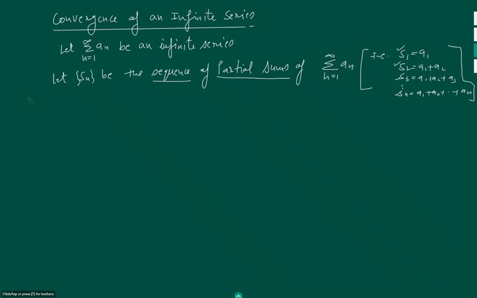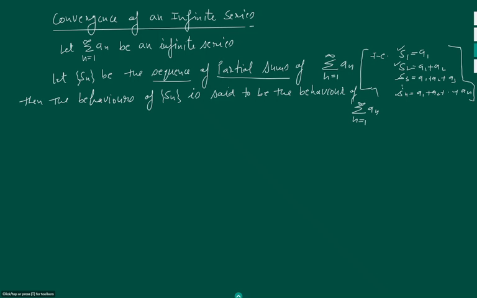Then the behavior of the sequence of partial sums is said to be the behavior of this series. The behavior of the sequence of partial sums is called the behavior of the series.